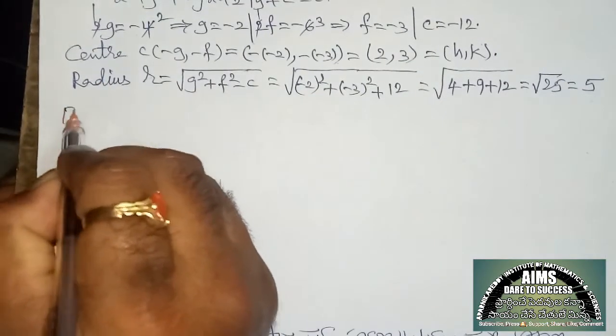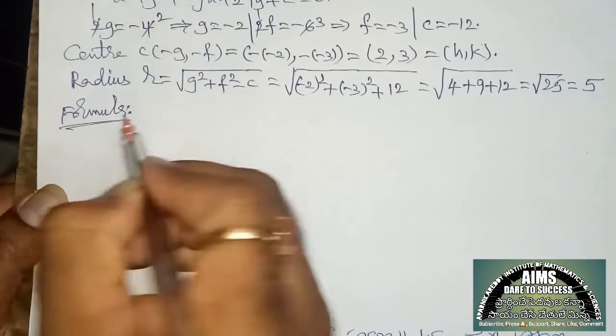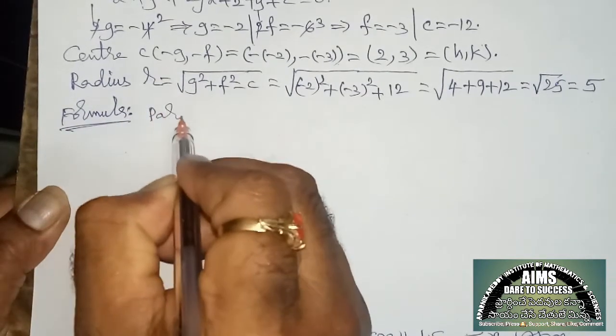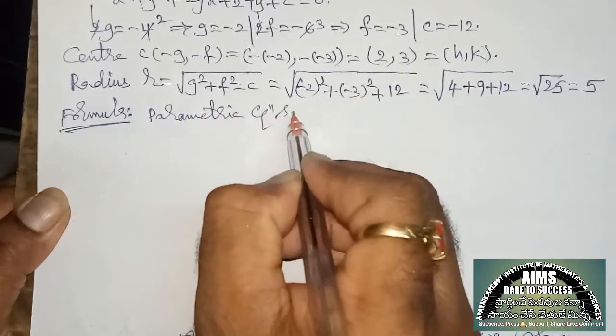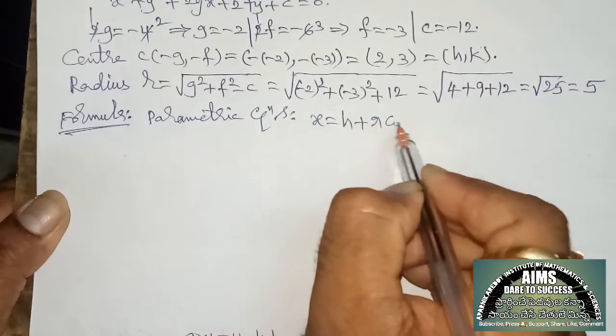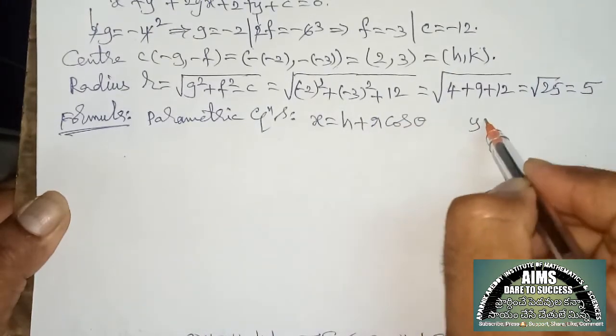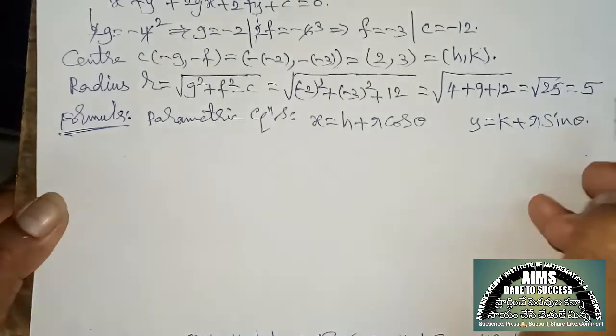Now I am going to write the simplest and smallest formula. The parametric equations are x equals h plus r cos θ and y equals k plus r sin θ.